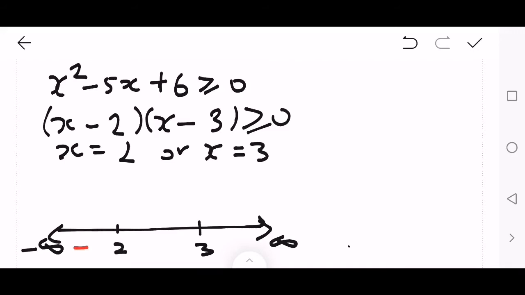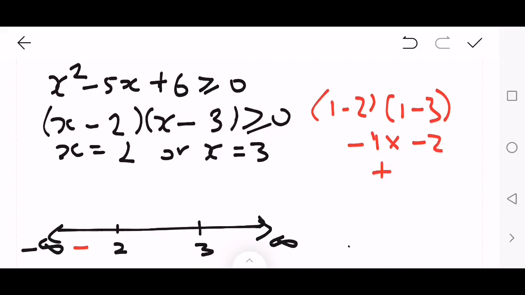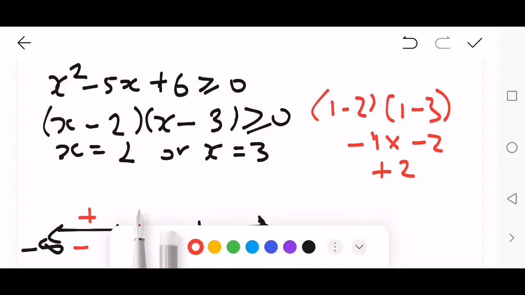So substituting a 1, we will have 1 minus 2 and 1 minus 3. 1 minus 2 is minus 1 times 1 minus 3 is minus 2, and we have a positive 2. So we have a positive here. Then let's get another number.